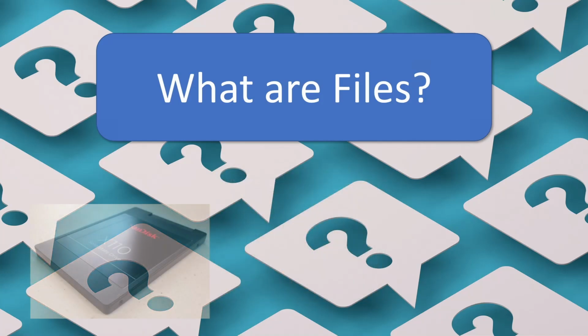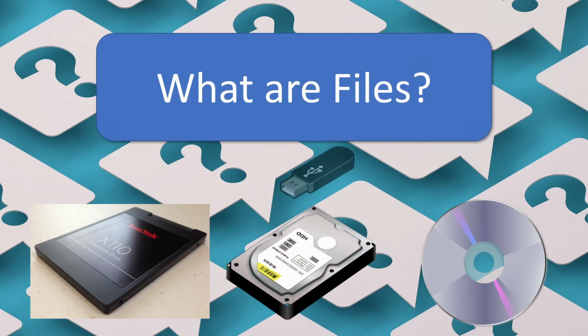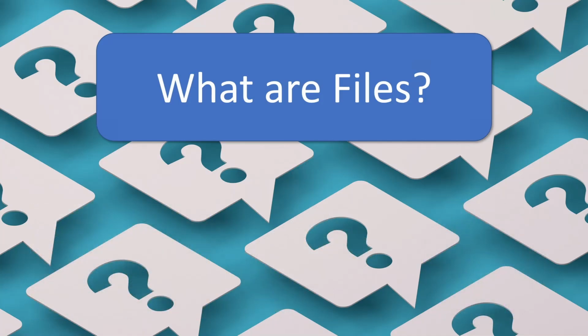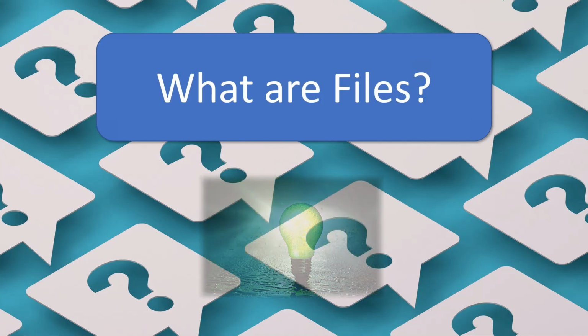This medium could be a solid-state disk, a traditional hard disk, a DVD or CD, or a USB drive. Some of these are internal to the computer and some are external. The data held within the file will be in a particular format, which you will need to know before you attempt to read or update the data held within the file.